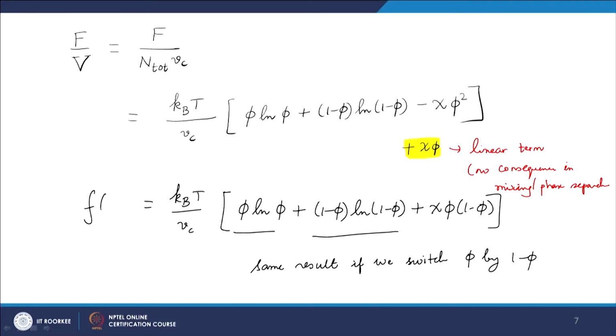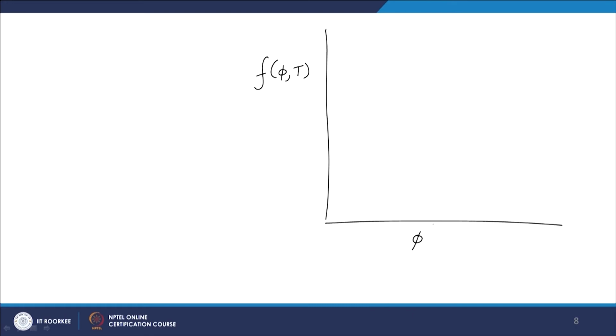So, if I look at the function plot, that will have a symmetry around phi equal to 1/2. So, we have a mirror symmetry because if I simply replace phi by 1 − phi, I get the same result. So, it must be symmetric with respect to phi equal to 1/2.